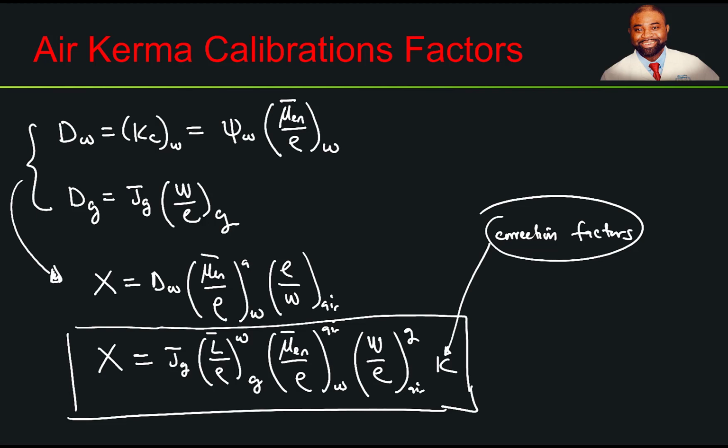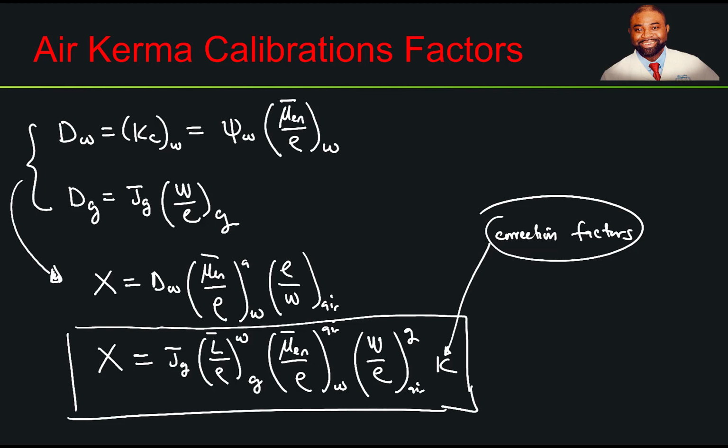Now, these correction factors really are needed in order to correct for things like the humidity of the air being measured. Remember that this formula assumes that we are dealing with dry air, but that is not true because almost at all times there is some form of humidity present in air.